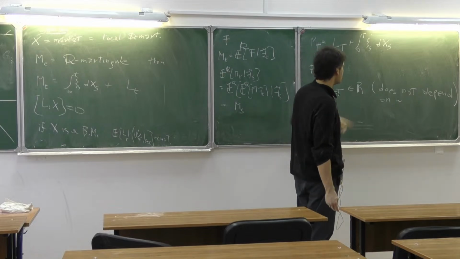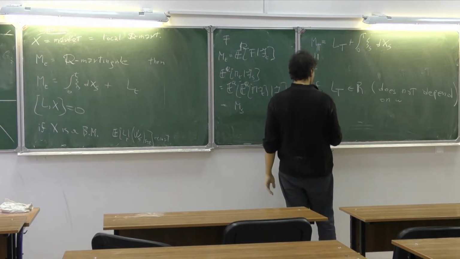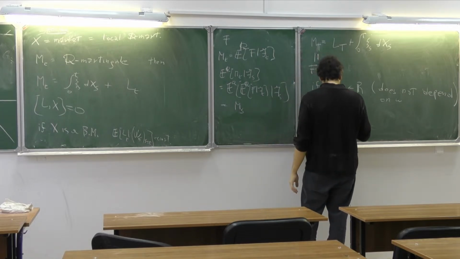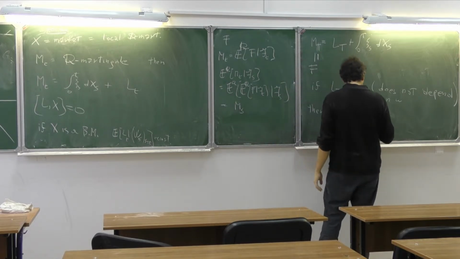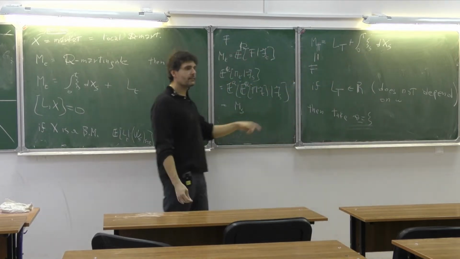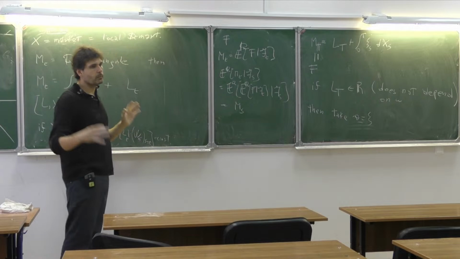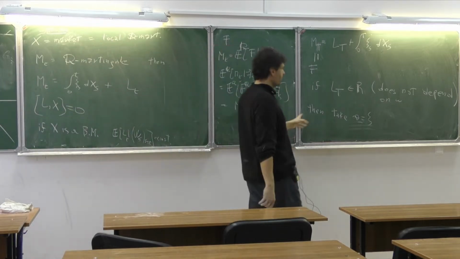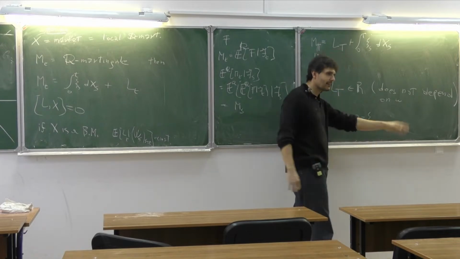So the remainder does not depend on omega. If this is a constant, then take theta equal to psi. Remember that by changing theta_0 we can always make a portfolio self-financing. Just take what is not self-financing, I use the martingale.